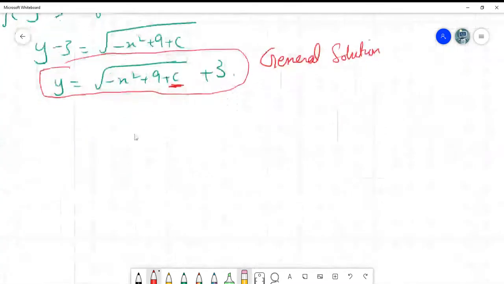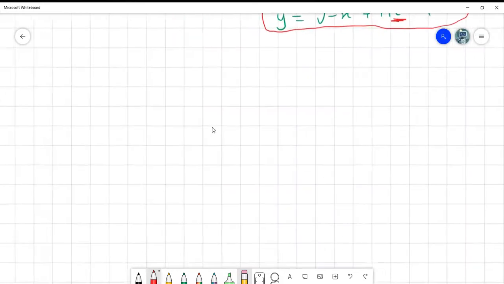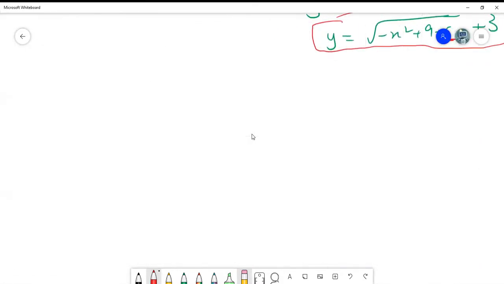Now, moving on to the next technique, which I told you about at the start of the video: how to use substitution to solve differential equations.